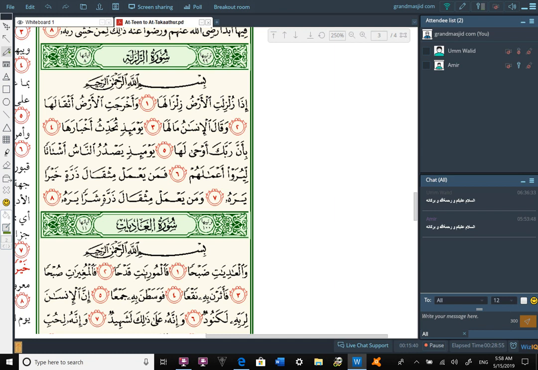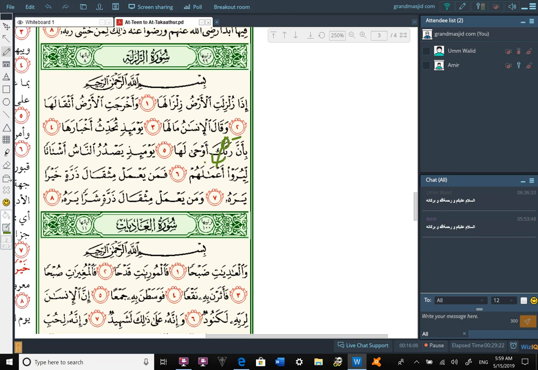Bi-anna is basically with the meaning here, because. Like li-anna. It means basically here the meaning of because. Bi-anna rabbaka. Rabb, as we know, is your Lord. Right? Rabb is mansoob after anna. And ka is in a position of being majroor mudaf ilay. Bi anna rabbaka, because your Lord.